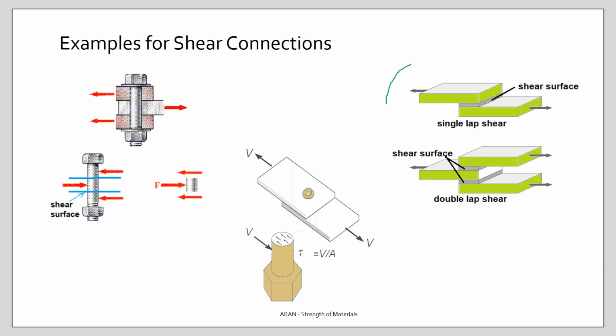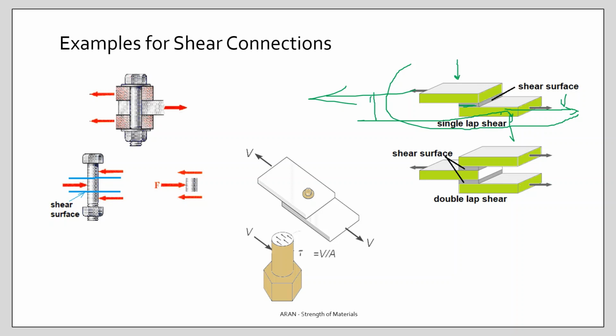In this example, you have a lap connection. So two sheets are maybe glued, maybe welded together. This is your shear surface, and you apply the load V, and this is a force acting on the surface. But as you see, this force and this force are not in the same direction, so there is a difference.